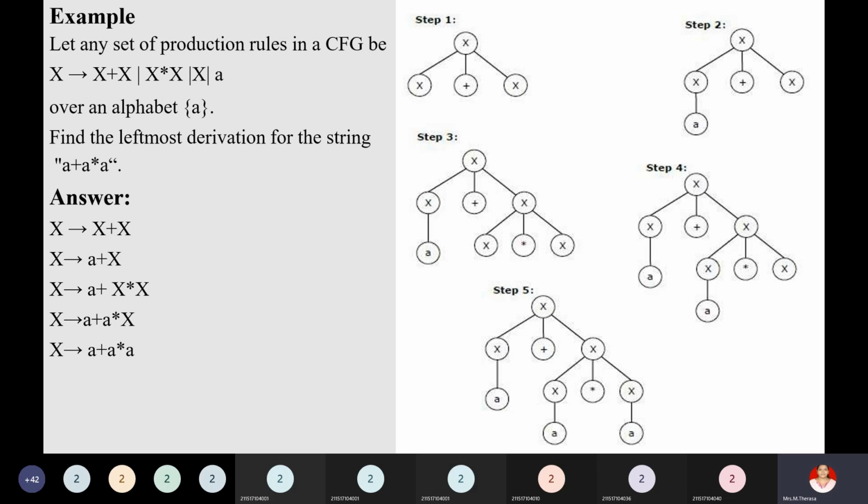when you want to list out the capital T, that is the set of terminals, plus, into, and a all will come together. Suppose you want to find the leftmost derivation for the string a plus a into a, then how can you do it?